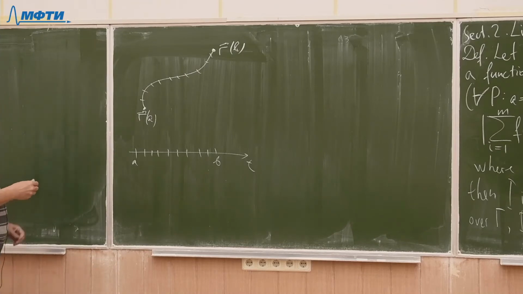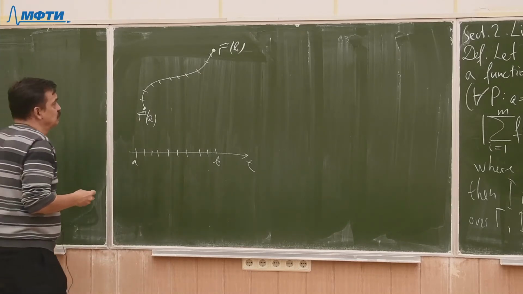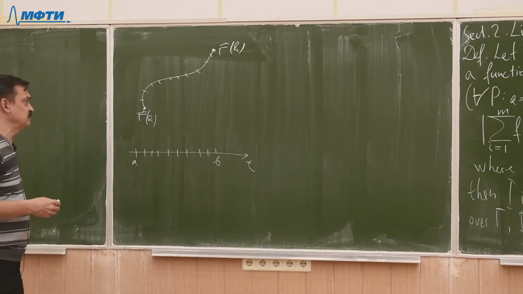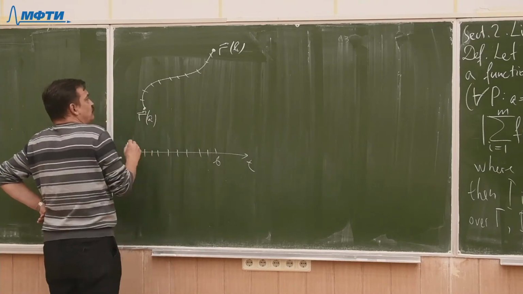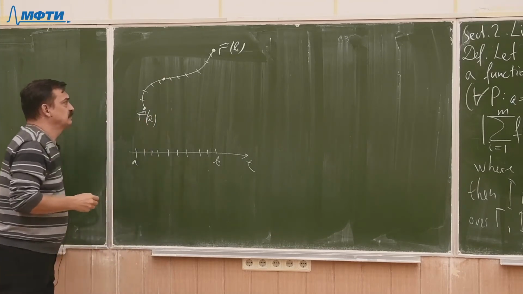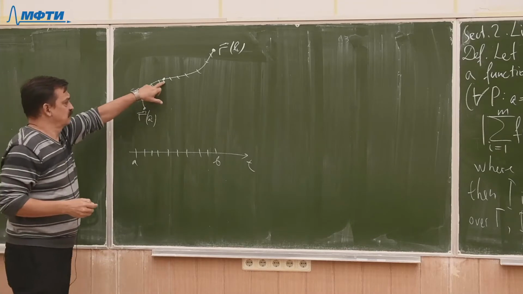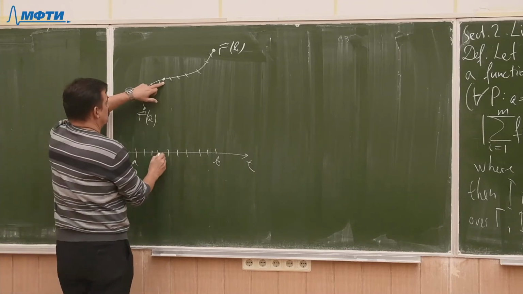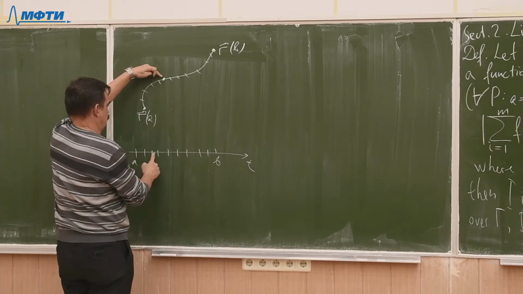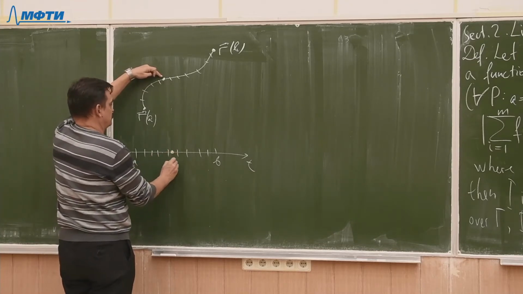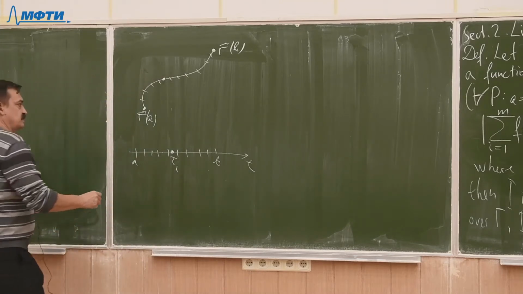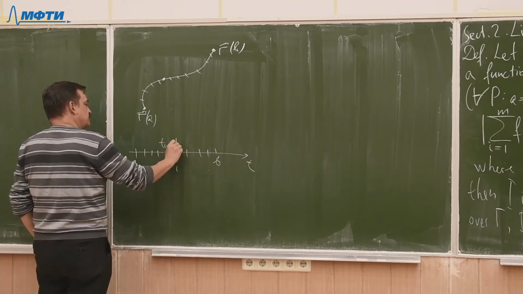But now, what we did for the integral along this curve, we considered a point, that is, let's say, somewhere here, it's tau i, that is in [t_{i-1}, t_i].